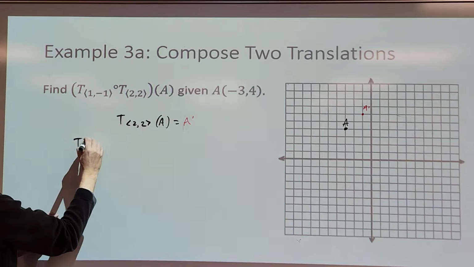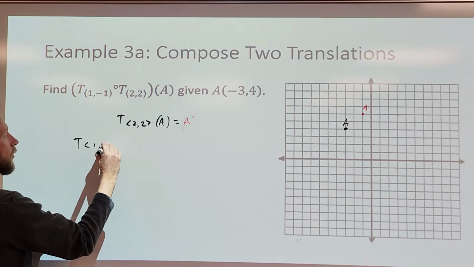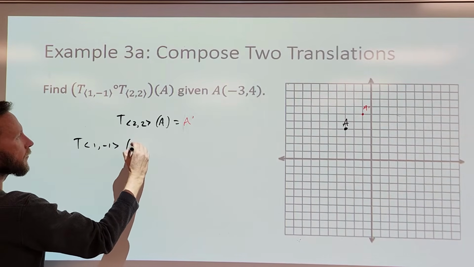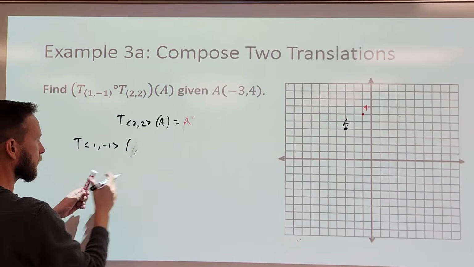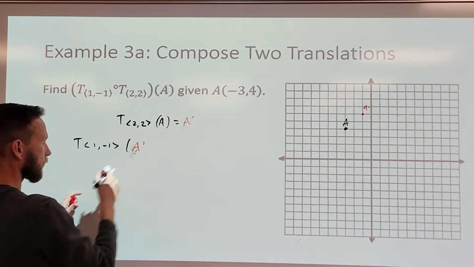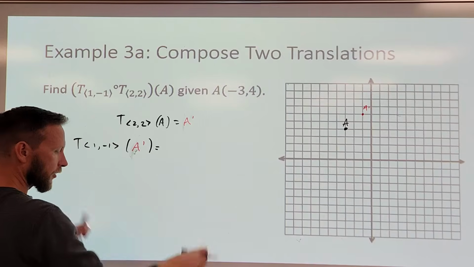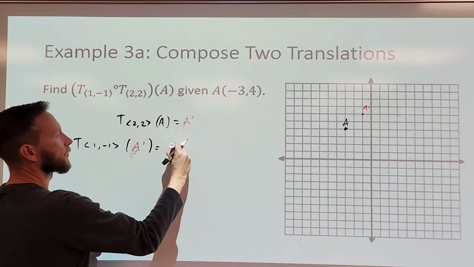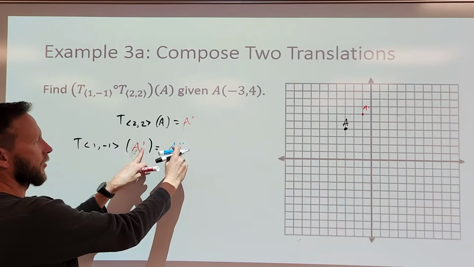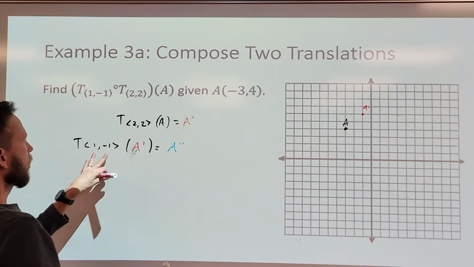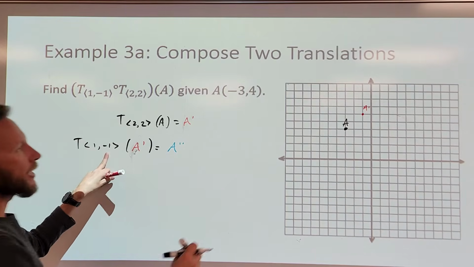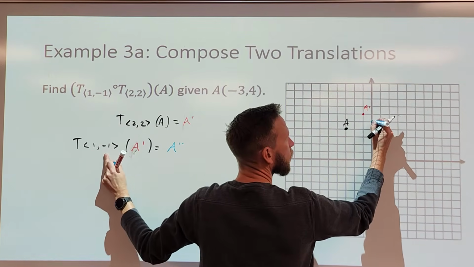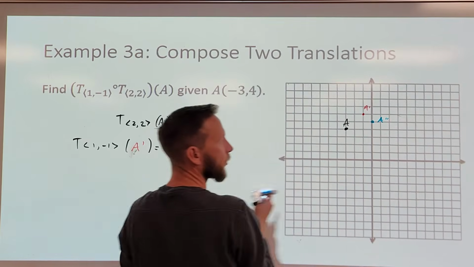Now, if I'm going to do the translation of A prime to get A double prime, all right, we just have 2 apostrophes there, we're going to take this and move it forward 1, down 1. Here is A double prime.